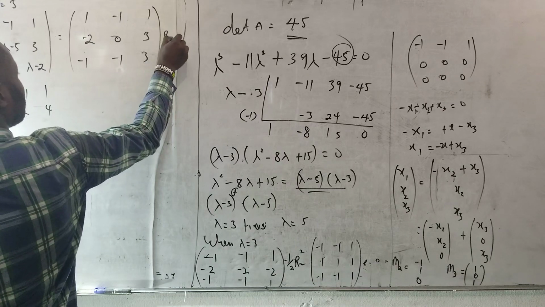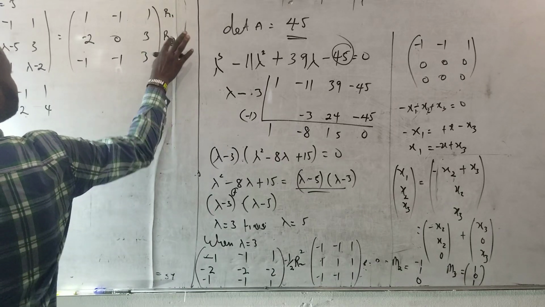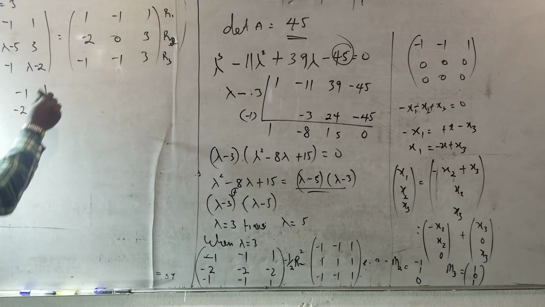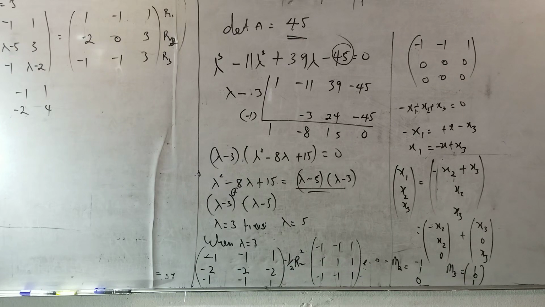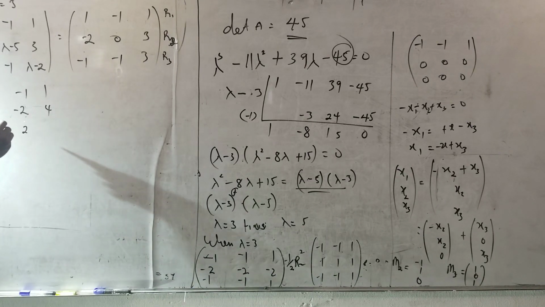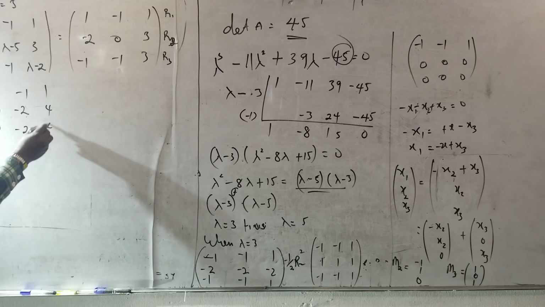Now, by doing this, I'm taking my R out of this, which is going to be my R2 plus R1. If I have my R2 plus R1, it will be 0, minus 2, 4.